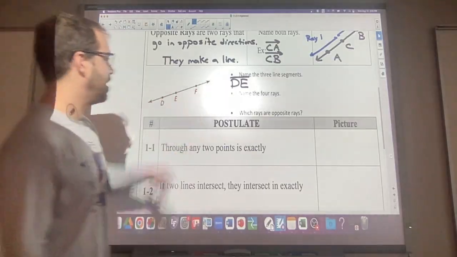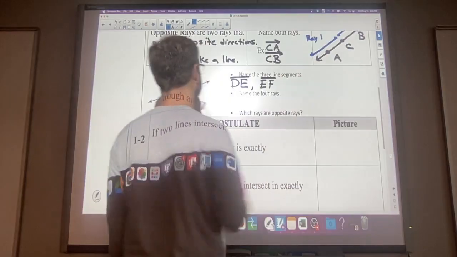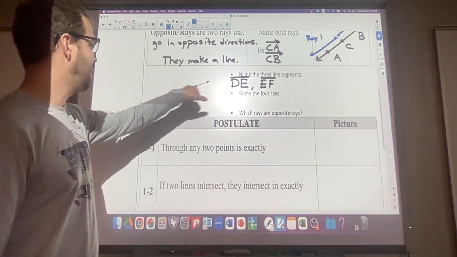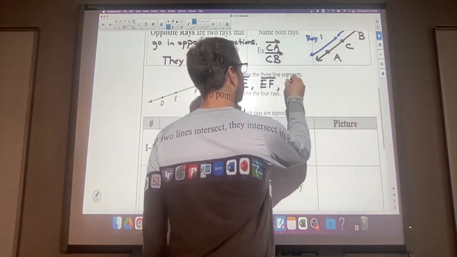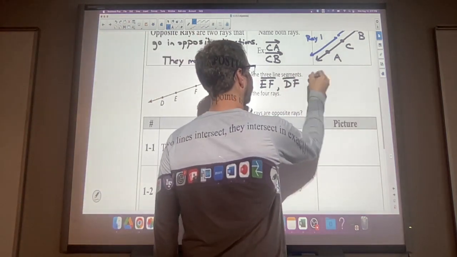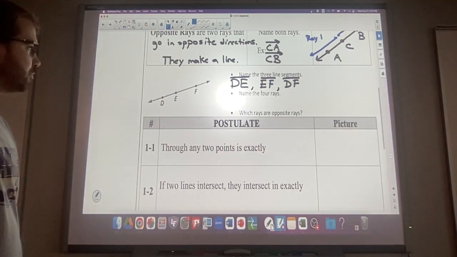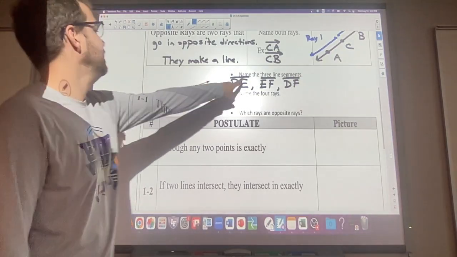Then we have EF. And if you put them both together, we have DF. That's a separate line segment, longer than the other two. DF. Very good.